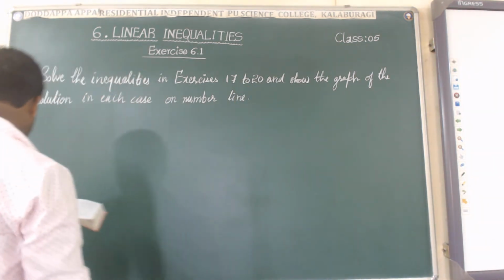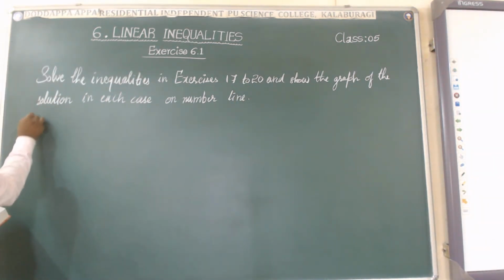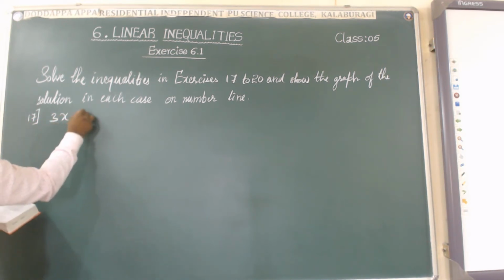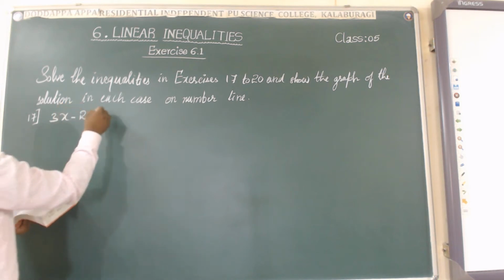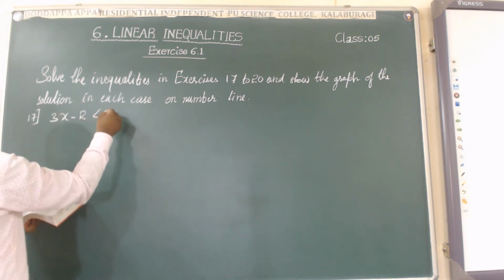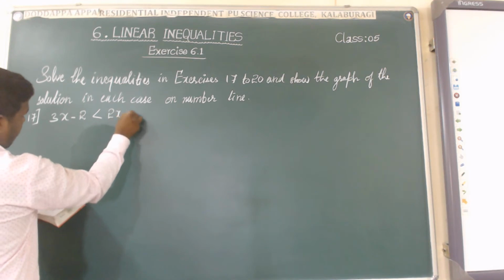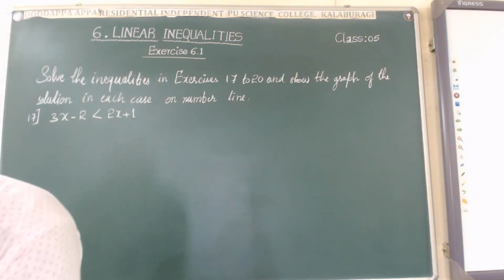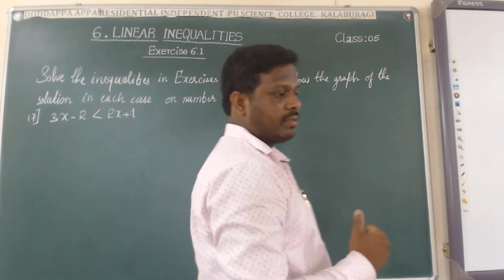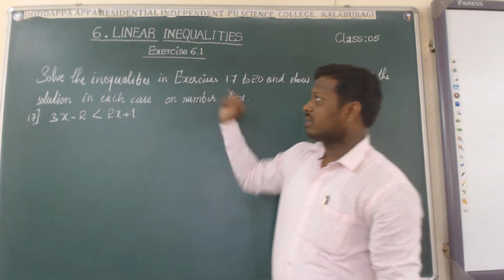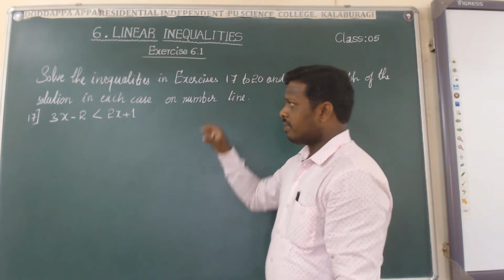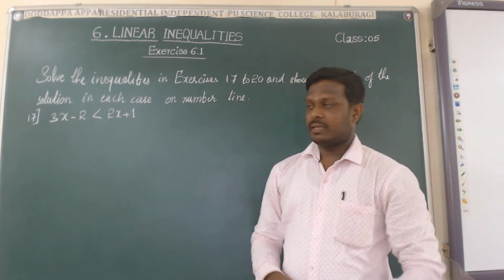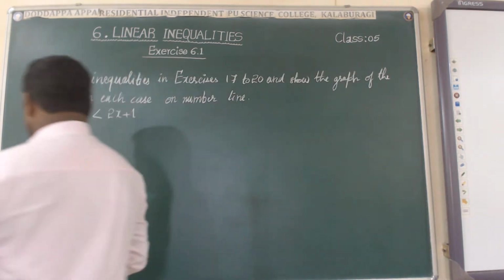The first question is 17: 3x minus 2 is less than 2x plus 1. How to solve this one? It is similar to the previous question, but here we have to show the solutions of x on the number line. Let me explain it now.